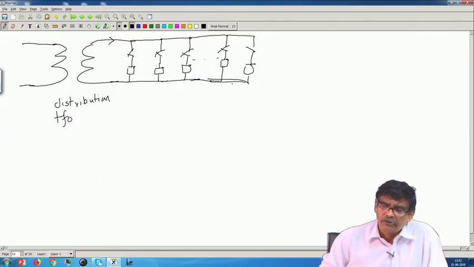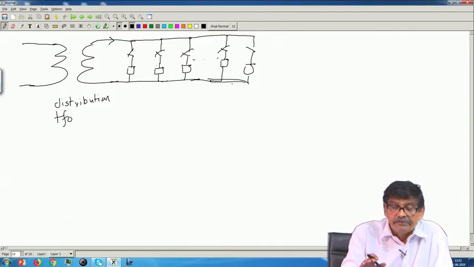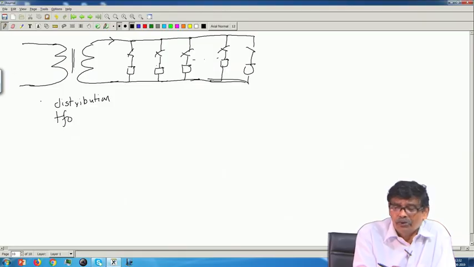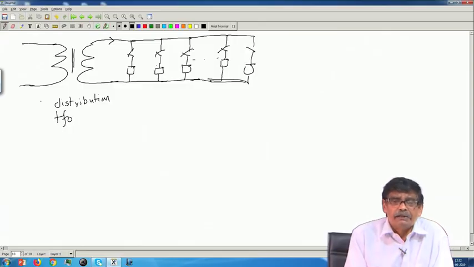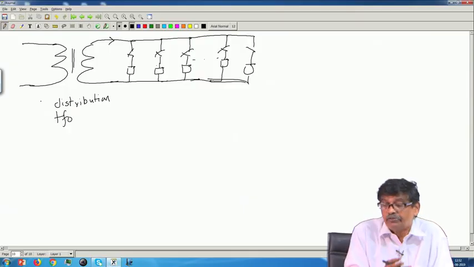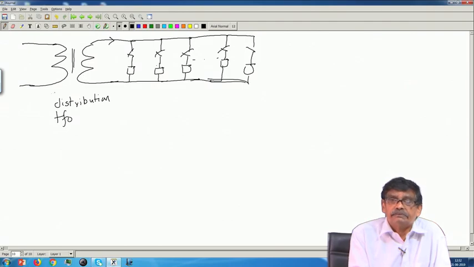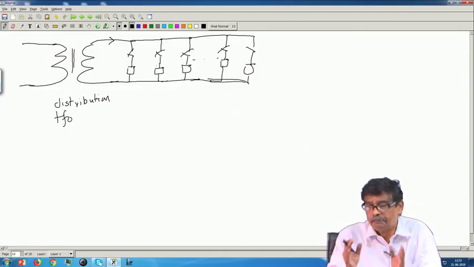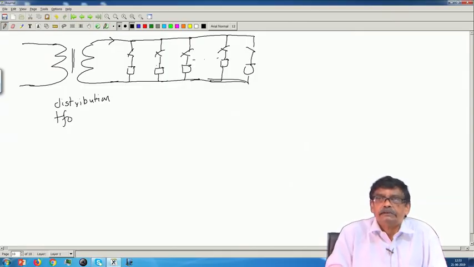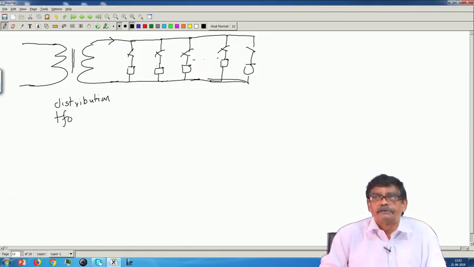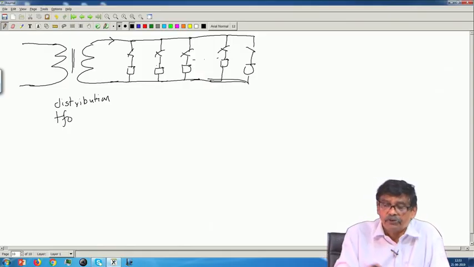So if there is a variation of load, there is no point in demanding maximum power efficiency at x equal to 1, because full load condition will occur only at some points of time over a certain period, but certainly not for 24 hours. That must be understood before I calculate.